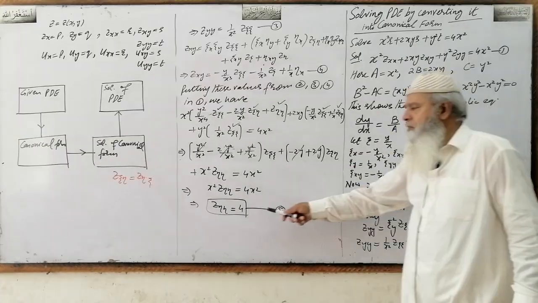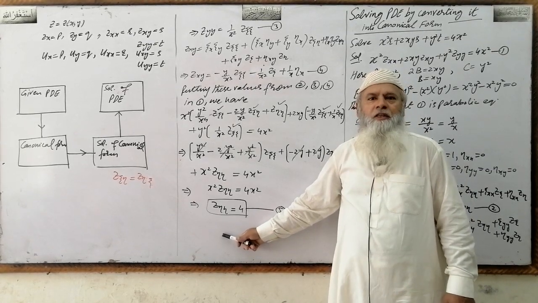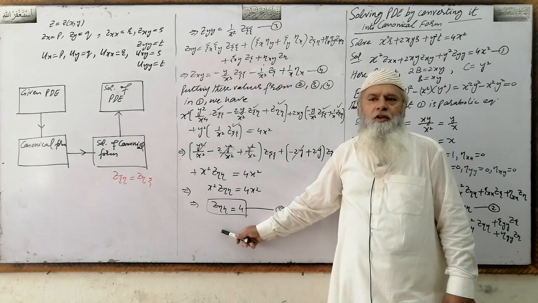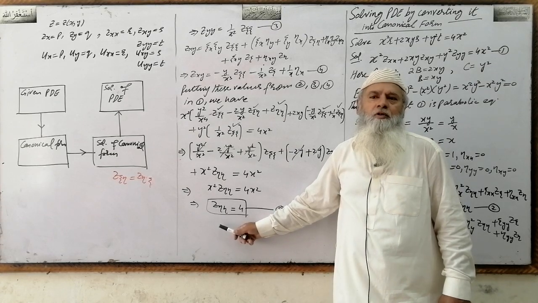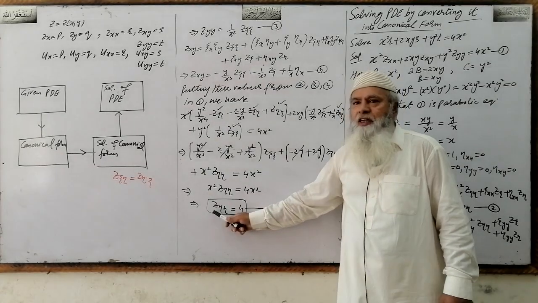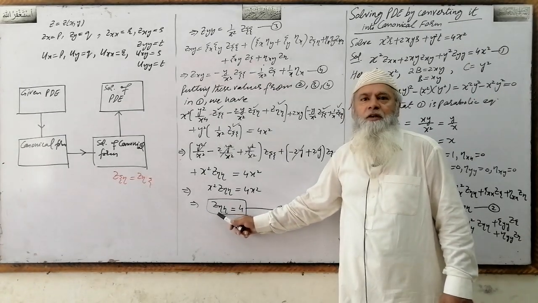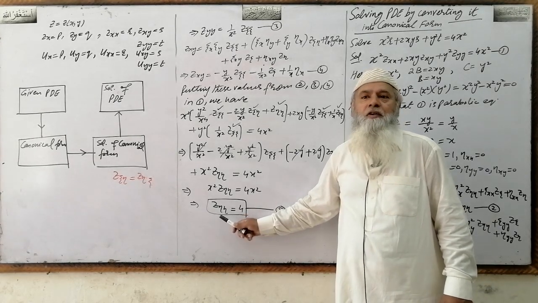And look at here, this is so simple. This differential equation is a second order differential equation, and it has constant coefficients, because there is no variable as a coefficient of derivative, and this is very simple to solve.